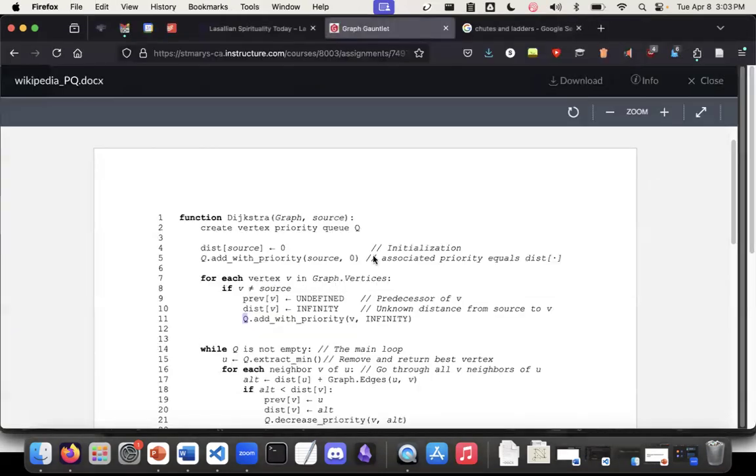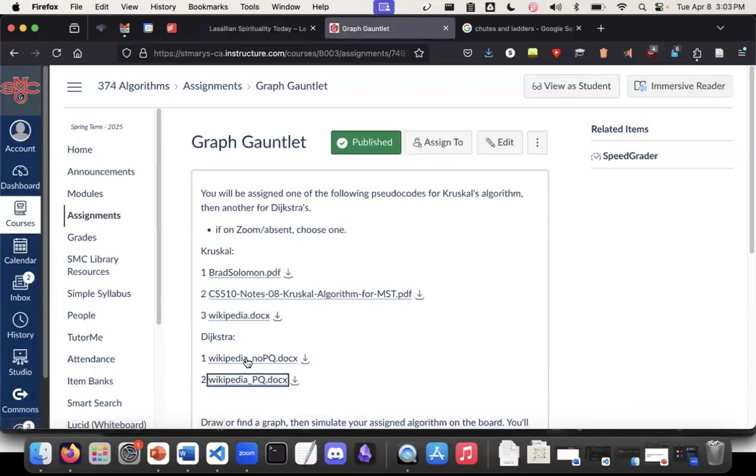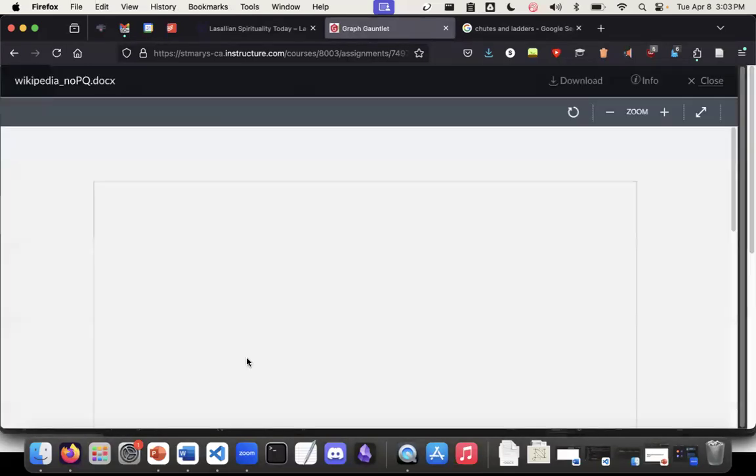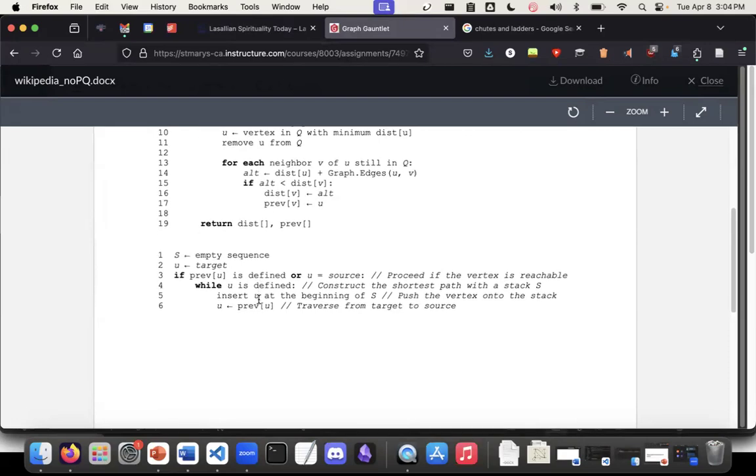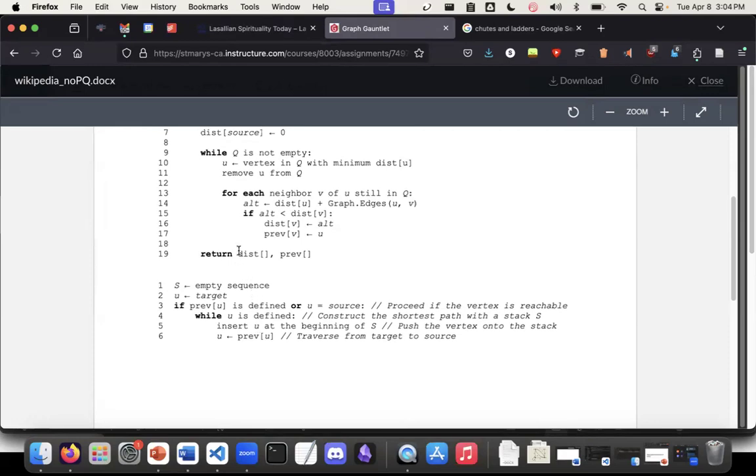Shortest path didn't use the distance. This is the without. Yeah. So it returns all these distances. And then I think this is how you actually get the tree.